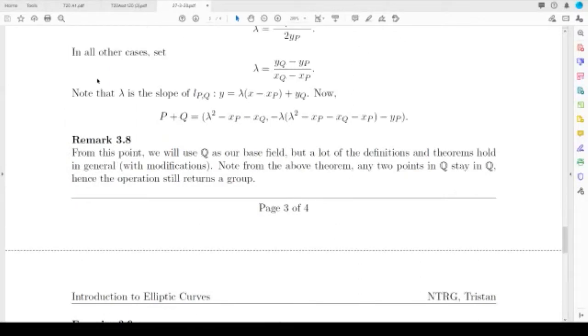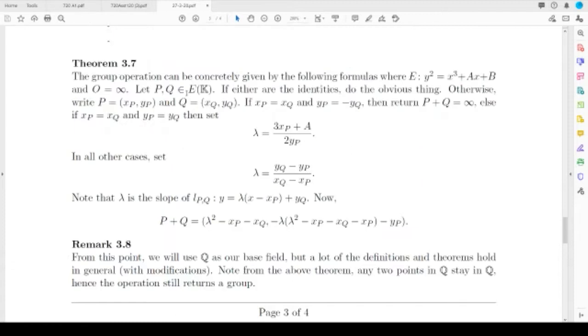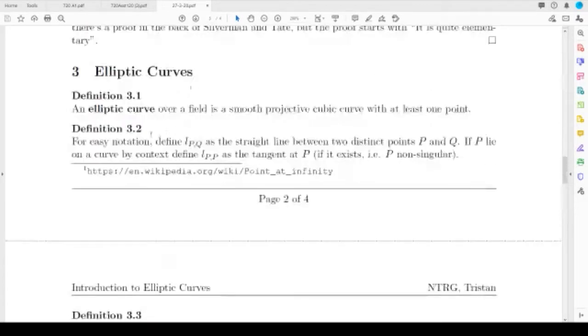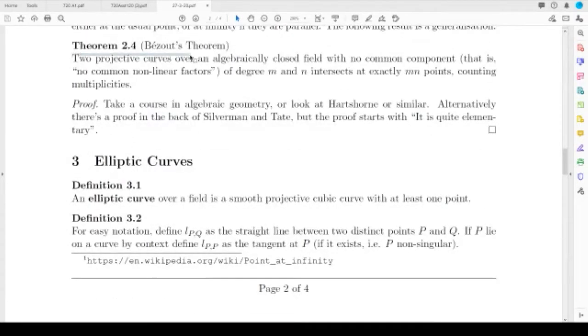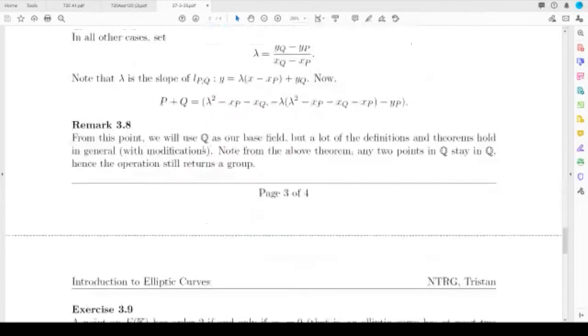Before, I wanted to do things so that we want Bezout's theorem to hold, right? In Bezout's theorem we wanted projective curves over an algebraically closed field. Well, we actually want to consider Q, but Q is not algebraically closed.